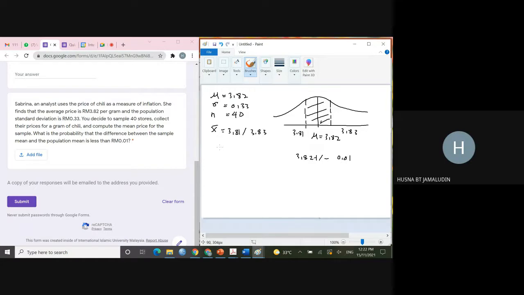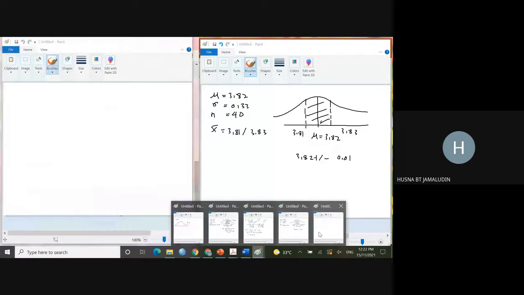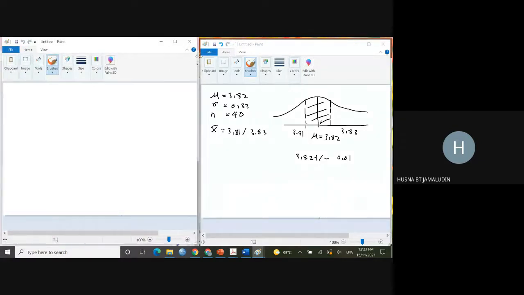So you have to use the formula of Z equals to what? Well, this formula is very simple. You should remember it by heart.